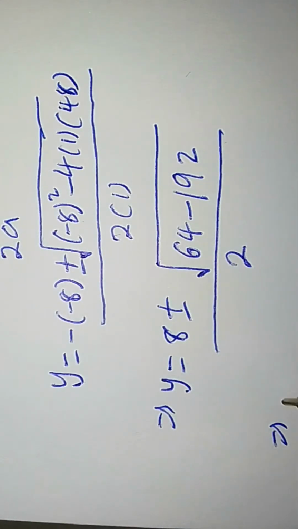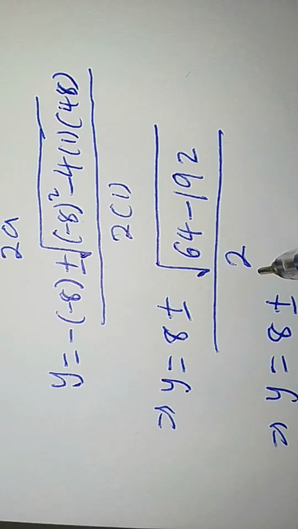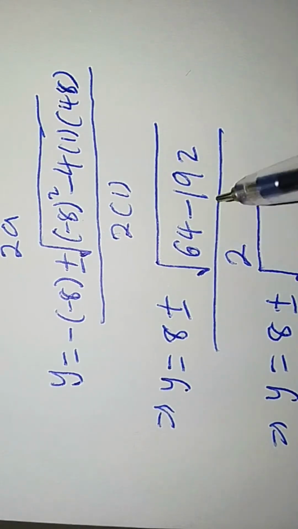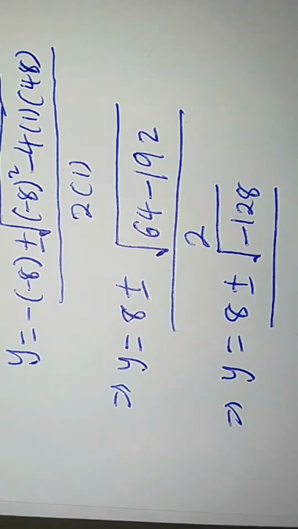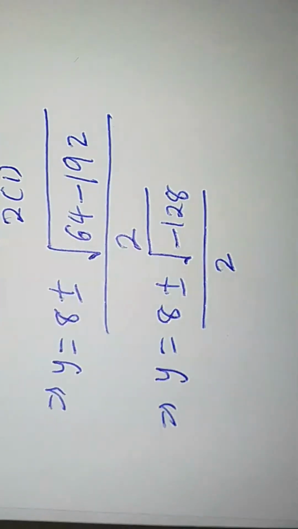This implies that y is equal to 8 plus or minus square root of 64 minus 192, that is negative 128, divided by 2.